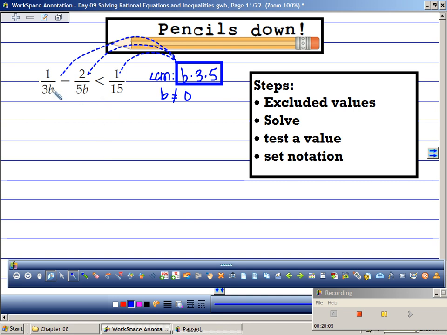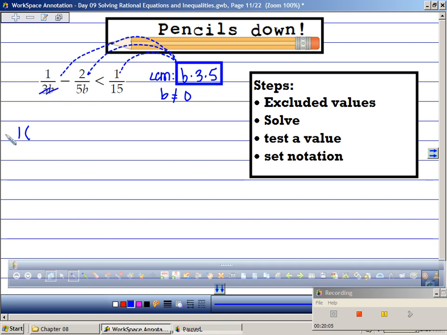Back on track. So when I have a 1 and I'm going to multiply it by whatever's left over, a 3 and a B cancel. What's left over? 5 minus 5 and B cancel. What's left over? 2 times 3. We're going to forget about the inequality sign for now. And the 15 cancels.